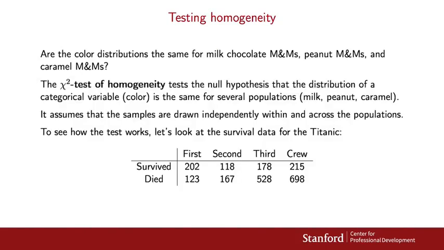The null hypothesis is that the color distribution is the same for all of the populations, which in this case are milk, peanut, and caramel. The chi-square test of homogeneity assumes that the samples are drawn independently for each population and also independently across the populations. To see how the mechanics of the test work, let's look again at the survival data for the Titanic.